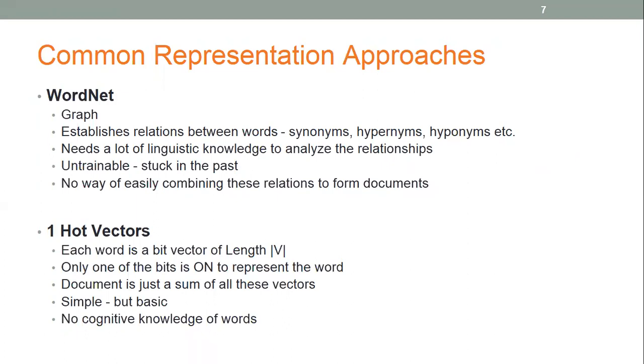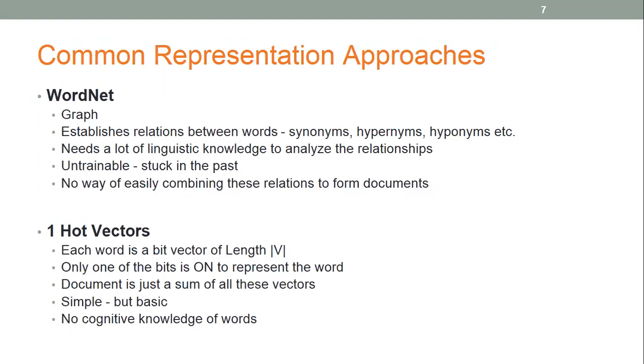The second common representation, a very naive and easy one, is one-hot vectors. Consider we have a text with a vocabulary length V, so there are V different words in the text. To represent each of those words, we create a bit vector of length V with only one of the bits on. That bit represents the word, and the rest of the bits are turned off.